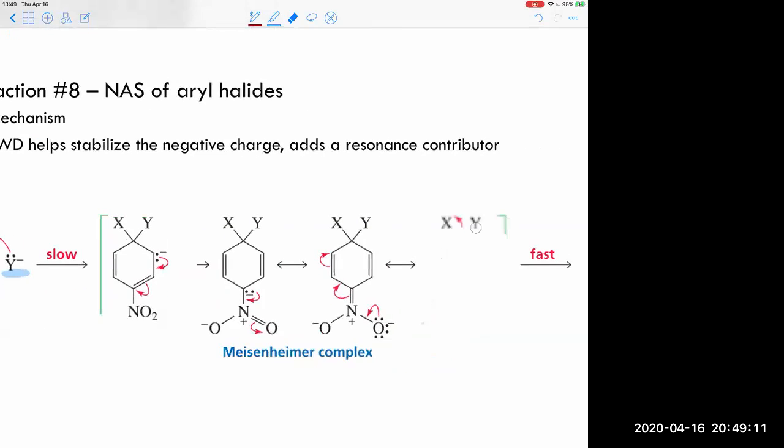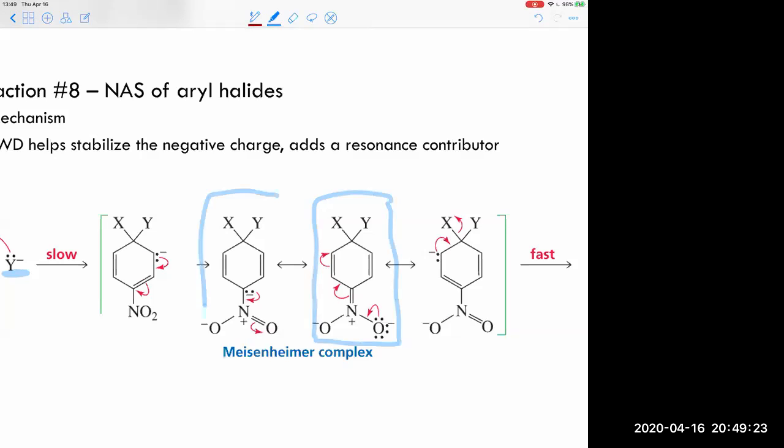As such, right? So here are all our different resonance contributors. The big one, of course, being this guy here, all right? I guess this sequence of events here.